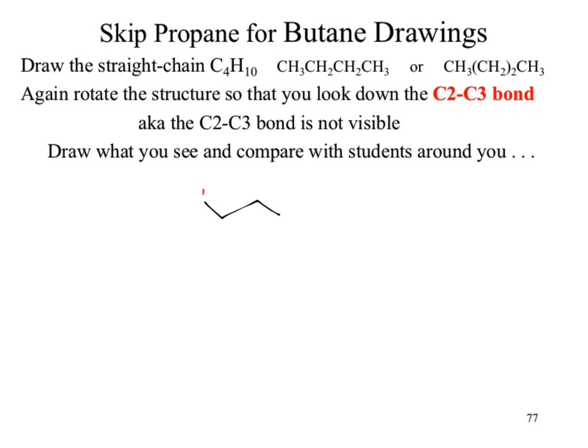I could go through and label them 1, 2, 3, 4. Why did I not label them 1, 2, 3, 4? Nomenclature. Go in sequence. That's where it's coming from. Okay, so if you went and looked down the 2,3 bond, what would you see?